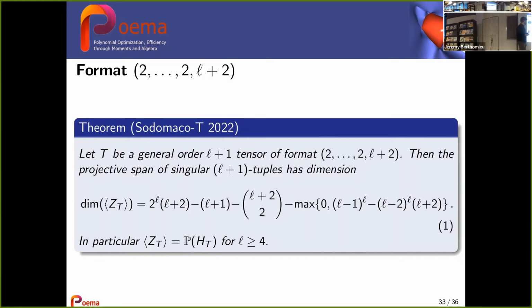But in this case, we found that this dimension coincides with the dimension of the critical space exactly when L is bigger or equal to 4. This was really good news, because it implies immediately that the membership problem was solved, because the tensor itself is going to lie here.